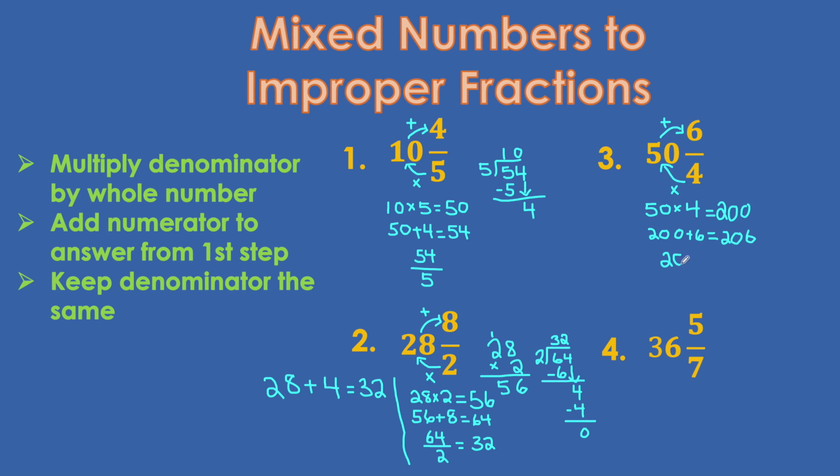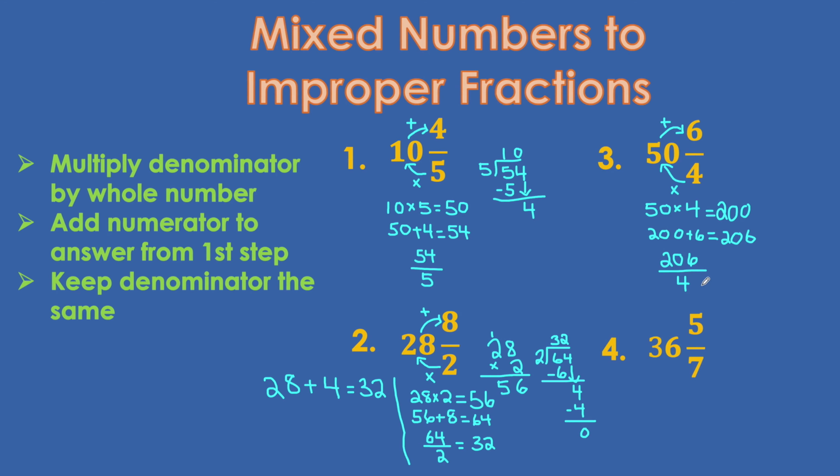So the numerator is 206. We would keep the denominator, which is over 4. So 206 over 4 is the final answer.